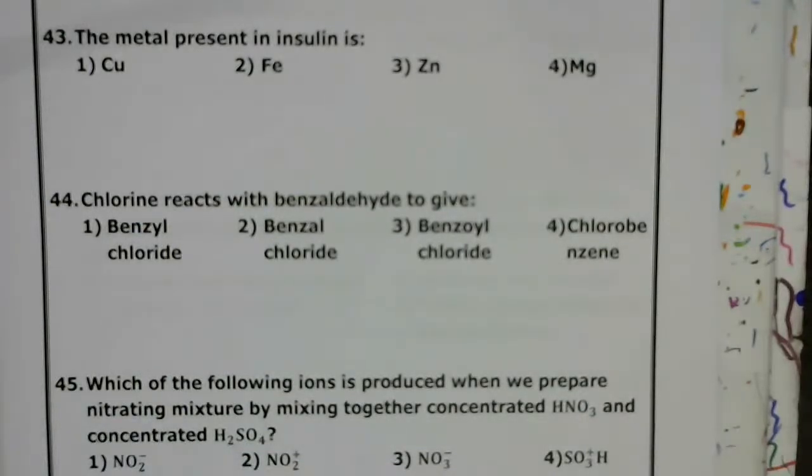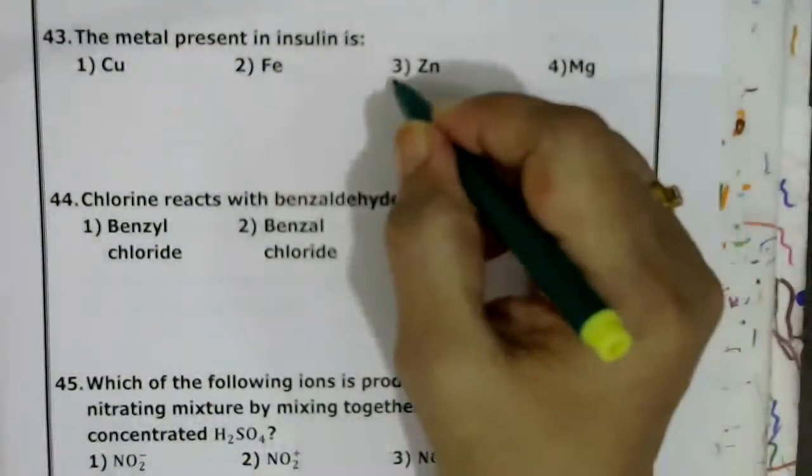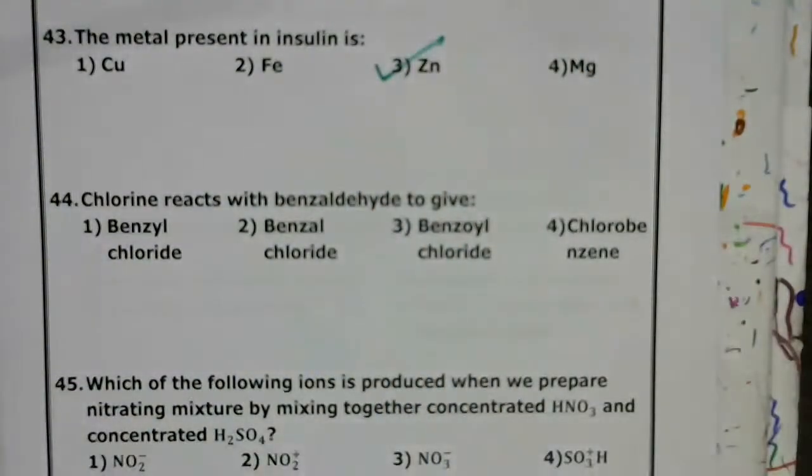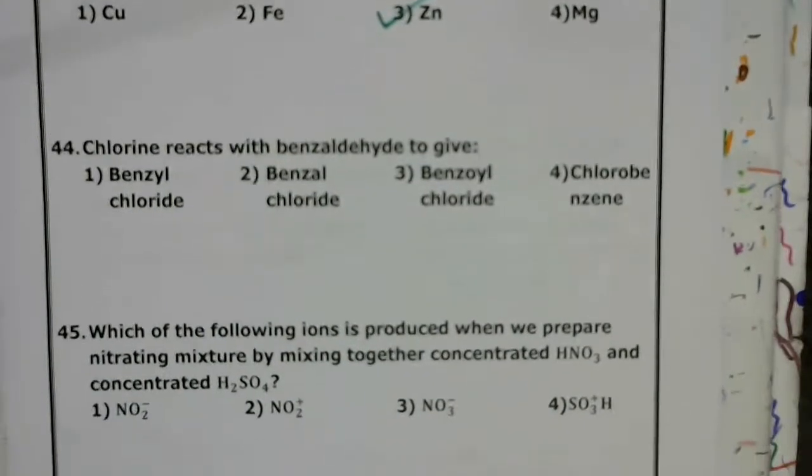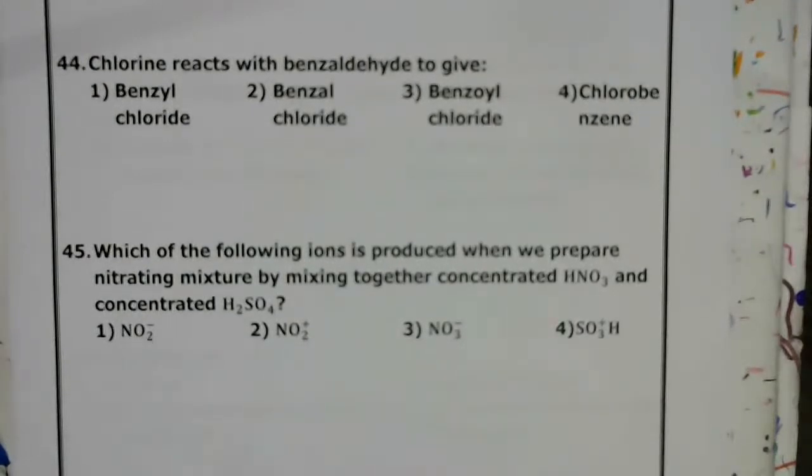We can say that question number 43 is the third option. What is insulin? Insulin is a hormone excreted from the pancreas containing zinc. Have you remembered, children? Iron is present in hemoglobin and magnesium is present in chlorophyll. All these you might have studied in biology also.